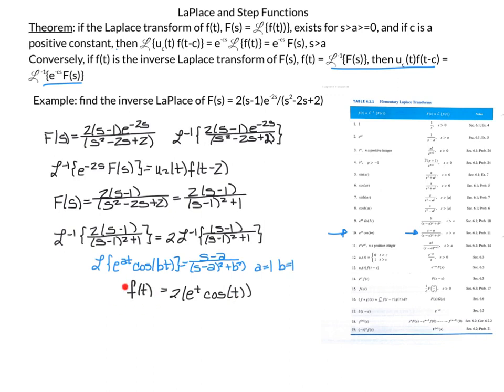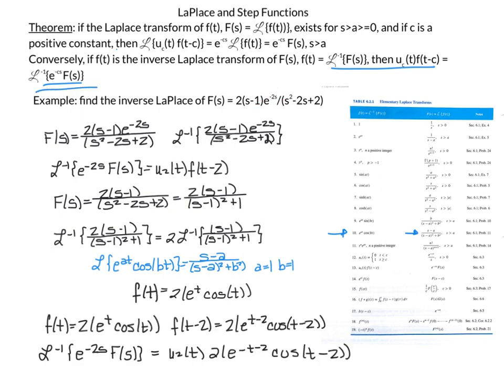So I have my little f of t, again, which is the inverse Laplace transform of capital F of s. But what I have in my problem is I wanted the inverse Laplace transform of this times e to the minus 2s. And so in other words, it's right here from our theorem.